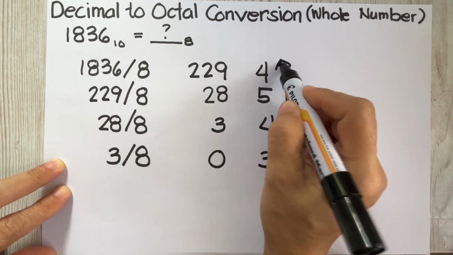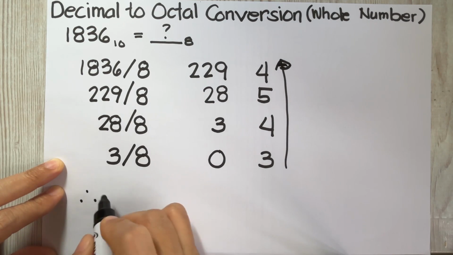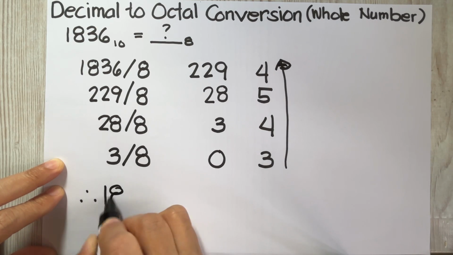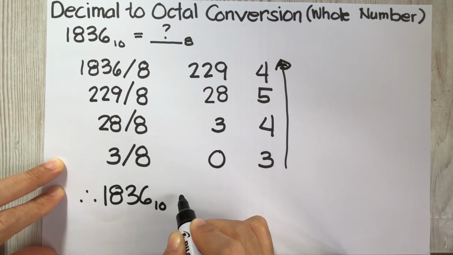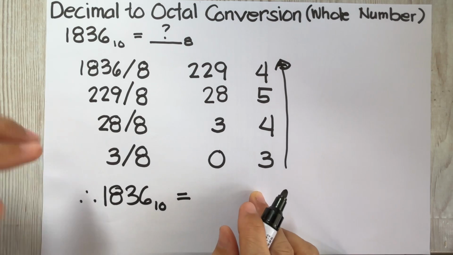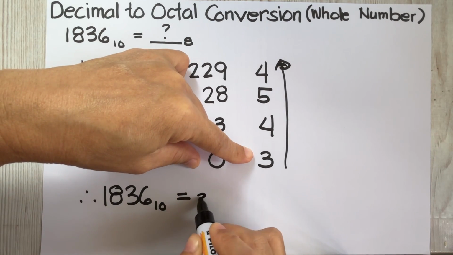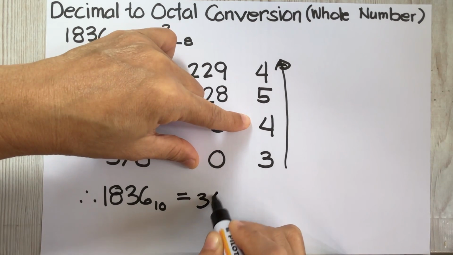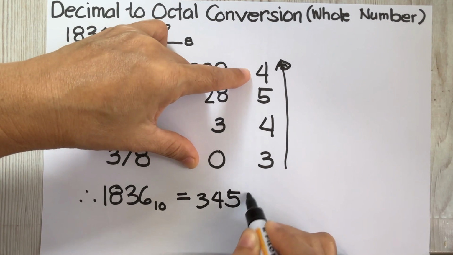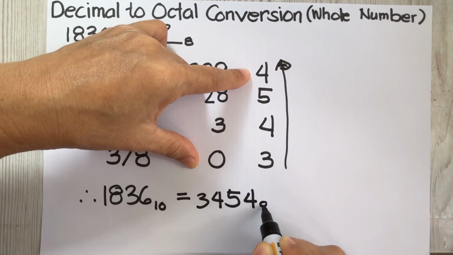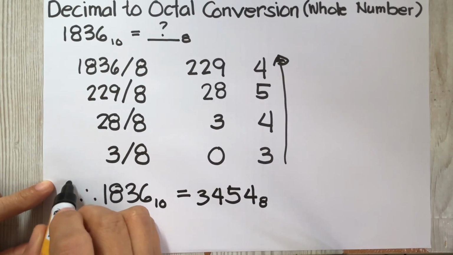So we can now conclude that 1,836 in decimal notation is equivalent to 3,454 in octal.